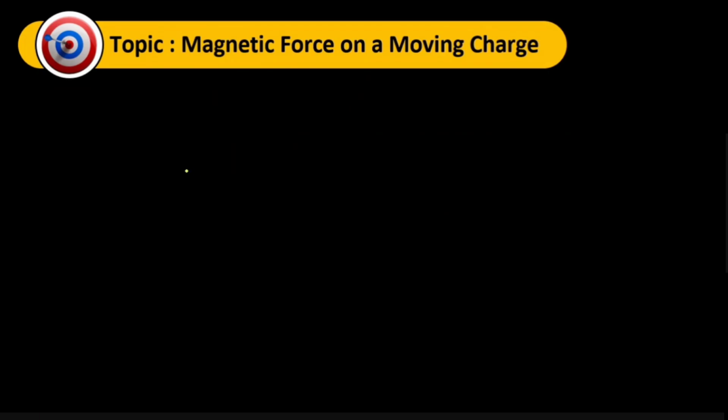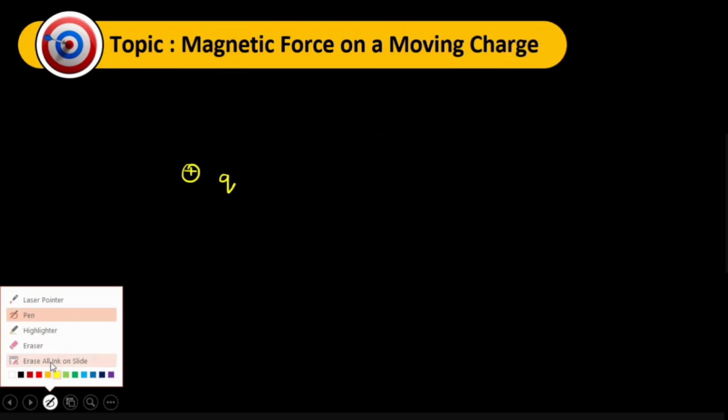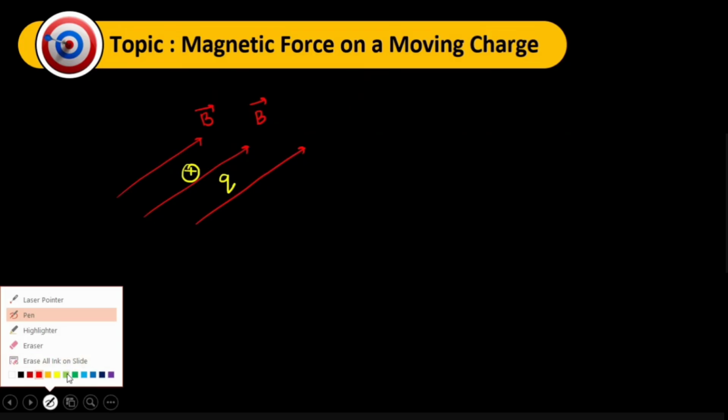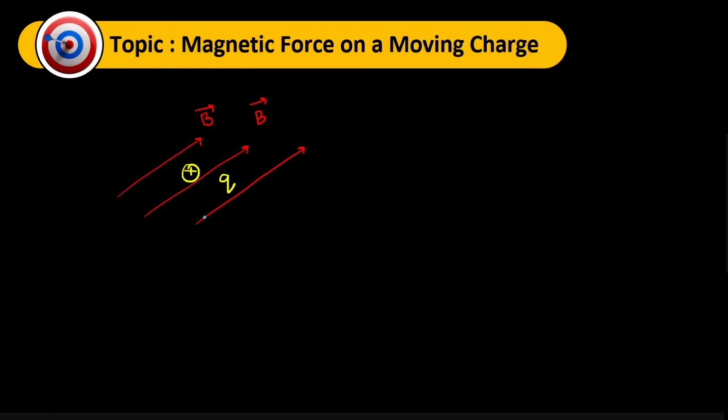Let me suppose that I have a charged particle plus Q here, and there exists some magnetic field. I can assume that the magnetic field exists this way. And the charged particle is supposed to be moving in this direction with some velocity v.